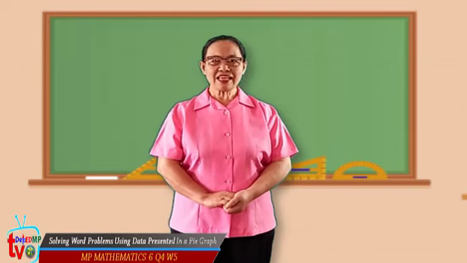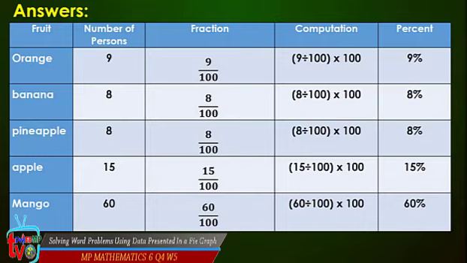Are you ready? Let's check your answers. Answers: fruit, number of persons, fraction, computation, percent. Orange, 9, 9 hundredths, 9 divided by 100 times 100, 9%. Banana, 8, 8 hundredths, 8 divided by 100 times 100, 8%.